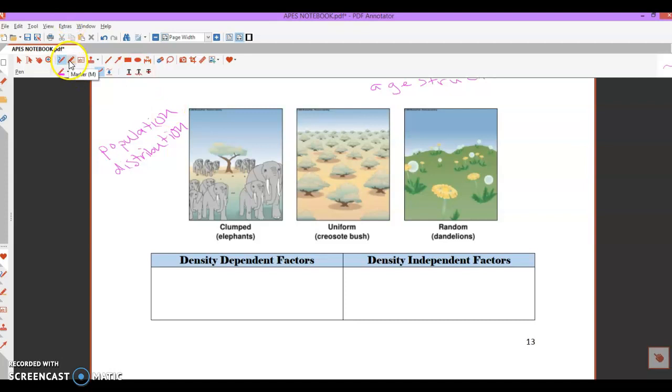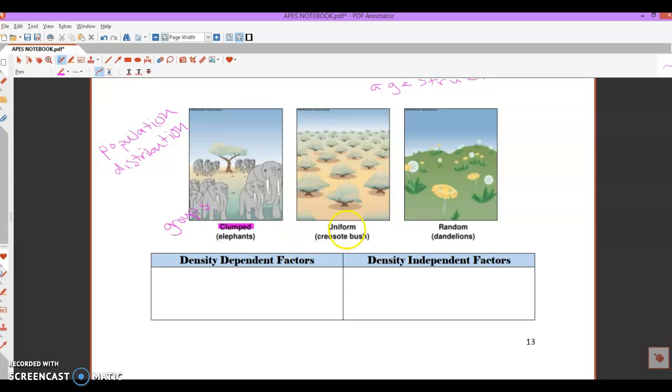So I'm going to get my highlighter right here. So we look at what's called clumped. Okay. In clumped, you can see that they are living in groups, and this is what elephants do a really good job of. Okay. So this is where we have groups.